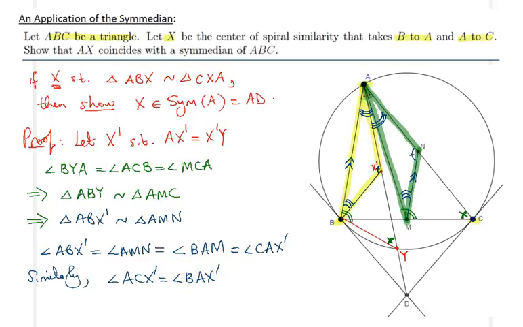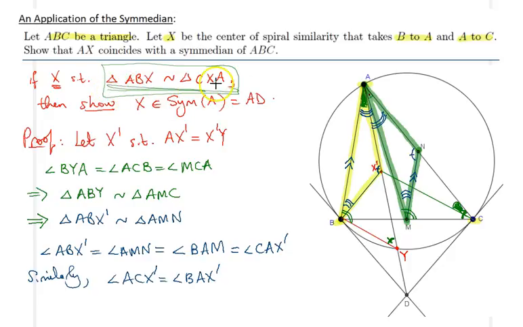So let me mark it with a different color. Let's just do it this way. Yep. So here we go. So angle ACX prime, namely this angle here, is equal to BAX prime, which is just my dotted angle, right? So that dotted angle. So therefore, boom, we have the two similarities that we claimed we should be able to show.